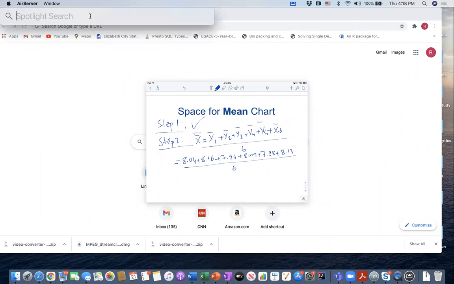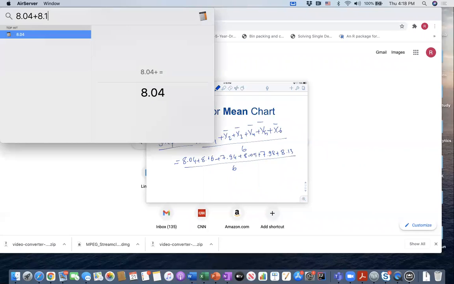I haven't calculated this yet, but it is 8.04 plus 8.16 plus 7.94, 8.05, 7.98, 8.13.